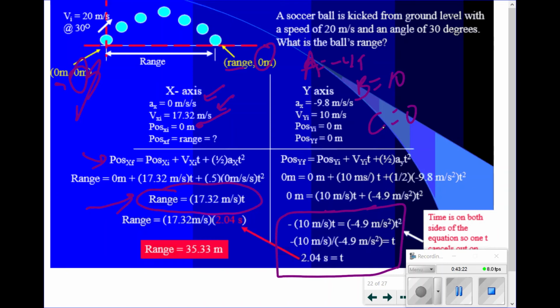And you will come up with two answers. One will be 0 and the other one will be 2.04. So it doesn't matter what route you take, they will always be accurate and acceptable. And you're going to just take the time that's not 0, plug it in to solve for the range.